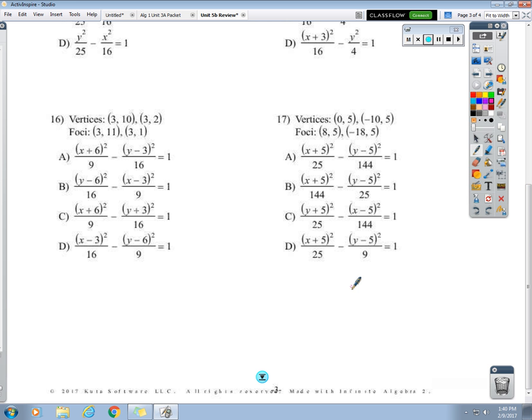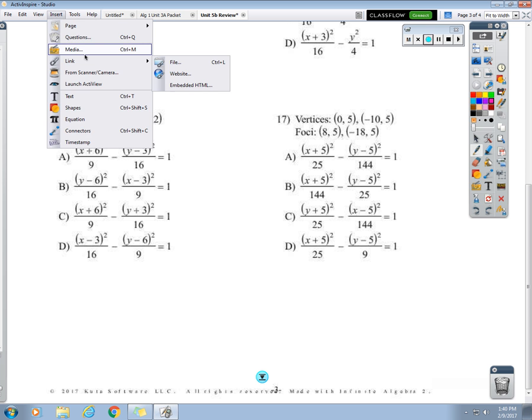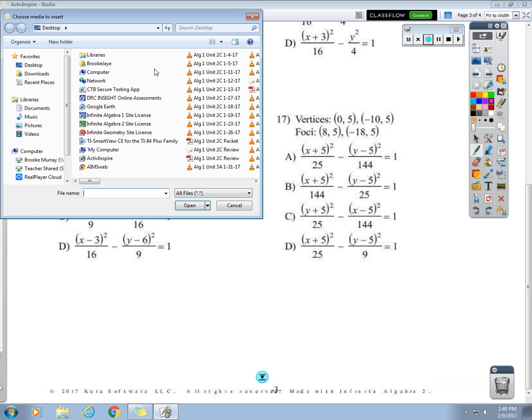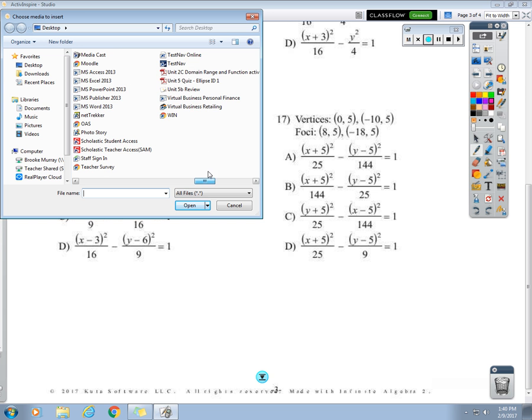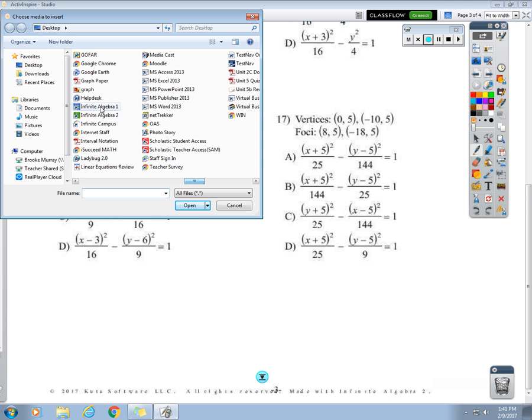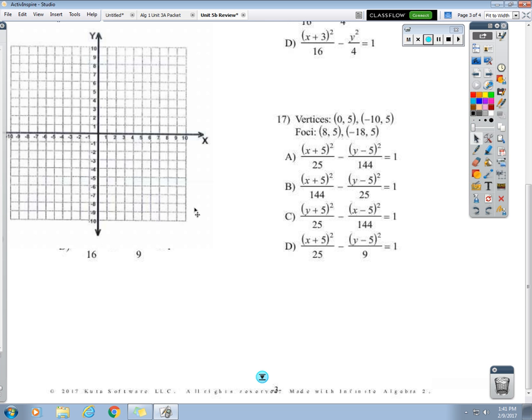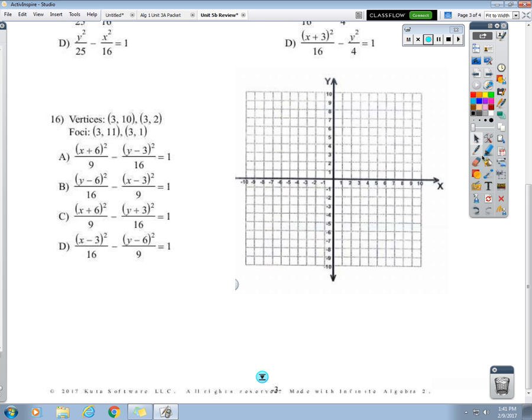They don't give you a graph, but I would definitely make one if I were you. They give you the 2 vertices and the foci. So let me insert a graph. Okay, so the first thing I'm going to plot is my vertices. 3, 10, which is right 3 up 10.